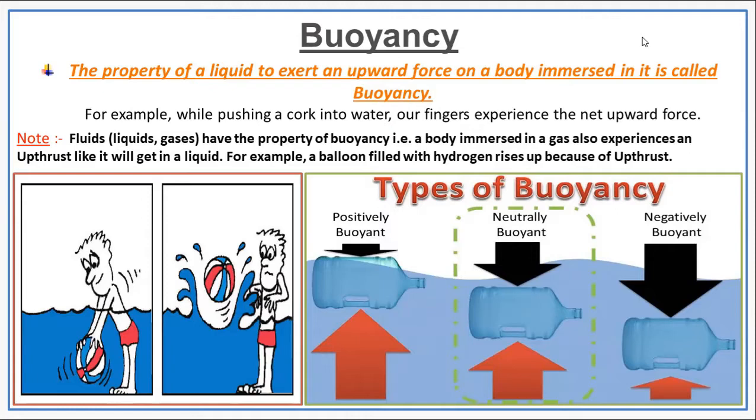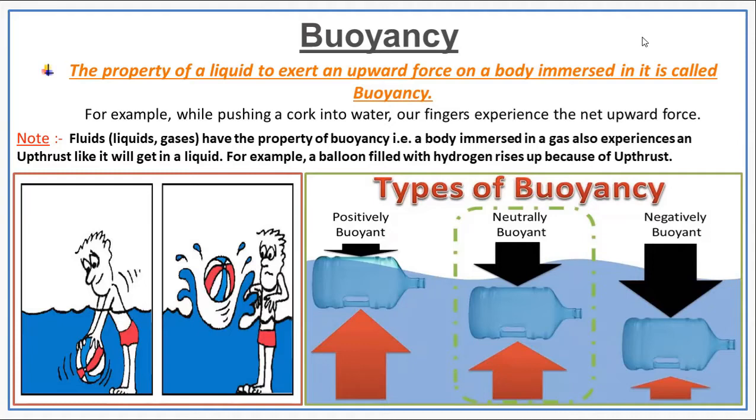When we were discussing this, students used to have confusion about what partially floating and partially sinking mean, and what complete sinking means. As I explained earlier in my previous lectures, when the body experiences enough buoyant force to balance the object on the surface of the water, it is considered positive buoyancy.